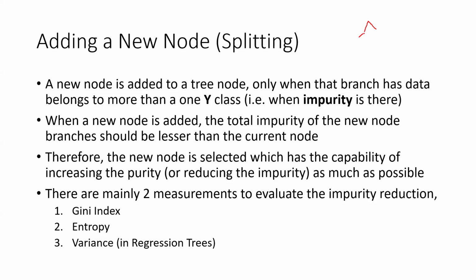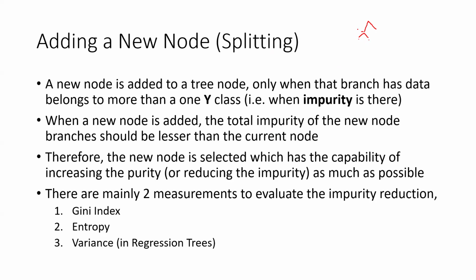Once we add this, there are two nodes, and if the total impurity from these two nodes is lesser than the impurity at this particular node, only then do we add this particular variable. That is when we add the new node, right?